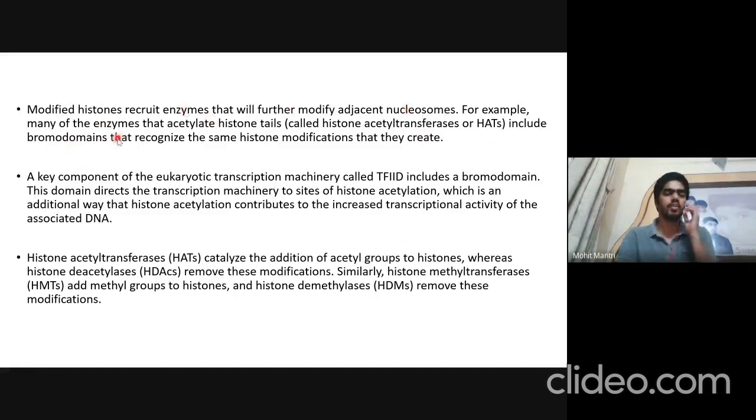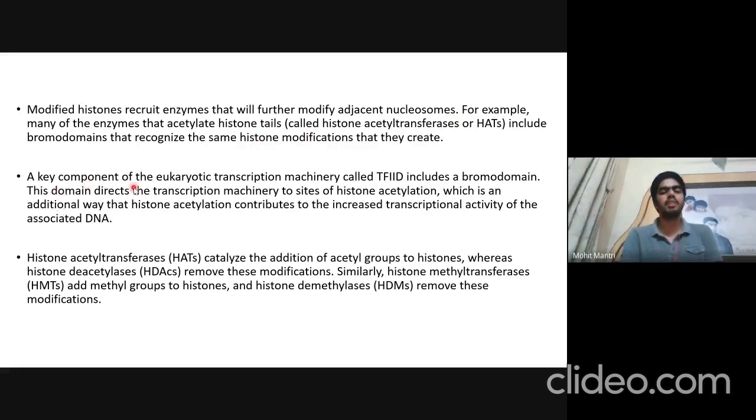For example, many of the enzymes that acetylate histone tails, which are known as HAT, histone acetyltransferase, include a bromodomain that will recognize the same histone modification they create. So if the bromodomain of a histone acetyltransferase recognizes an acetylation mark in a nucleosome, it will further acetylate the adjacent nucleosome, by a reading and writing mechanism.